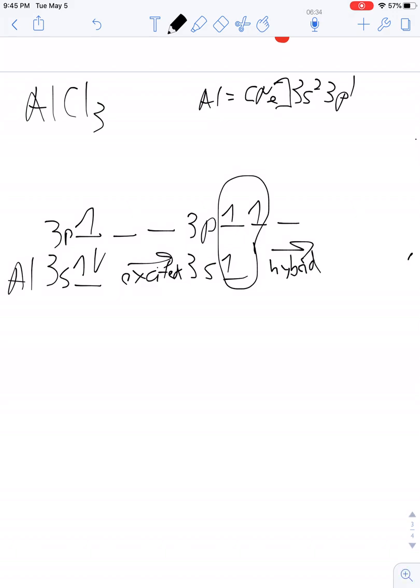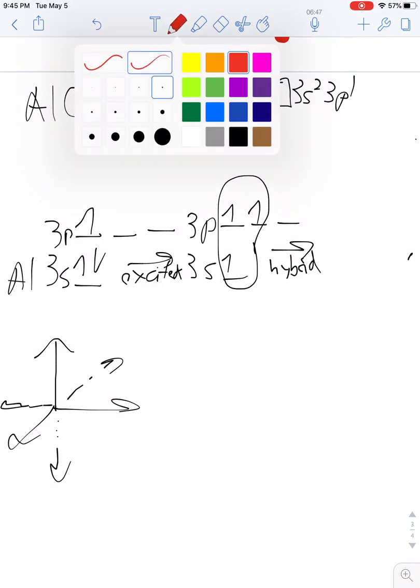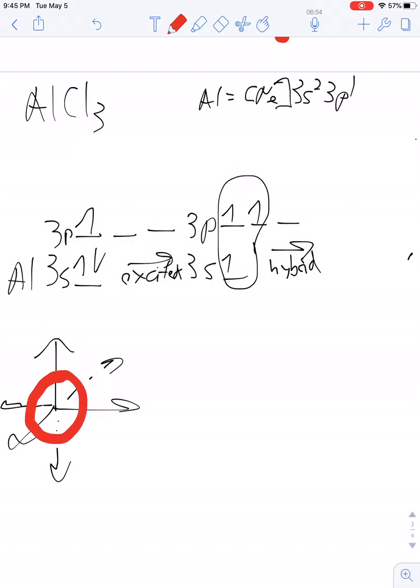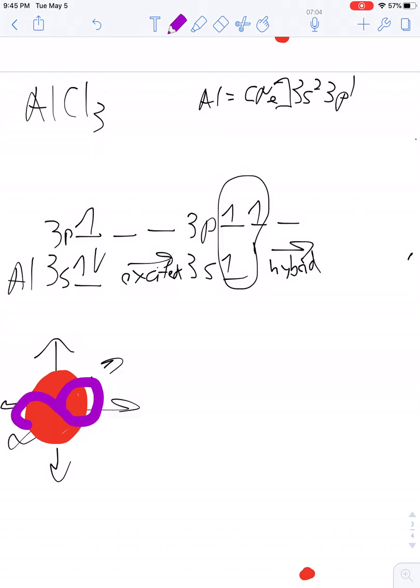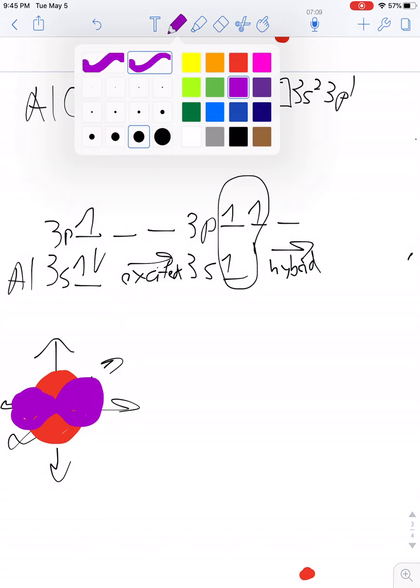So now what happens when I hybridize an s orbital, which is a sphere, but now instead of mixing one p orbital, I'm going to mix 2 of them.